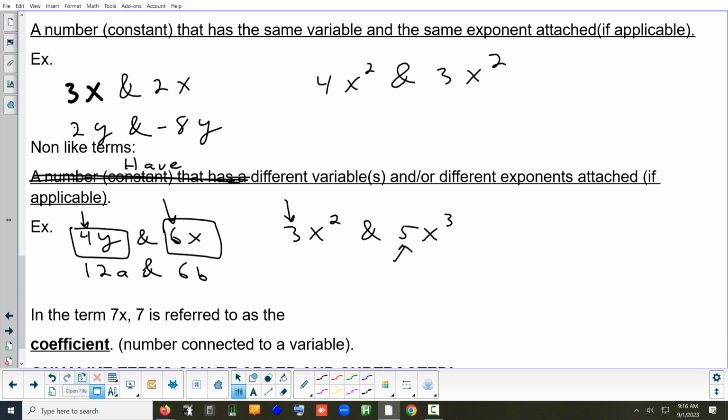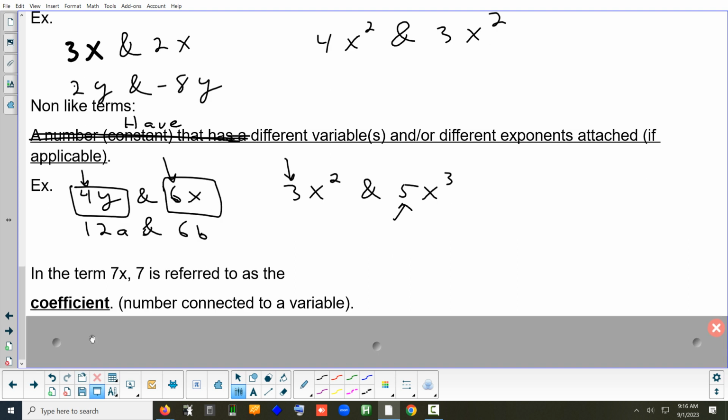I think you guys have a blank line for that, where it says 7 is referred to as the, and you want to fill in the word coefficient. Coefficient just means that it's a number in front of a letter. So if I wrote something like 12x, what would be the coefficient? 12. Yep. It's the number that's in front.